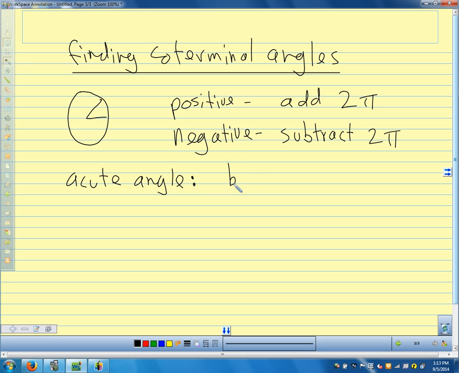So we're going to say between 0 and pi over 2 radians. How about an obtuse angle?